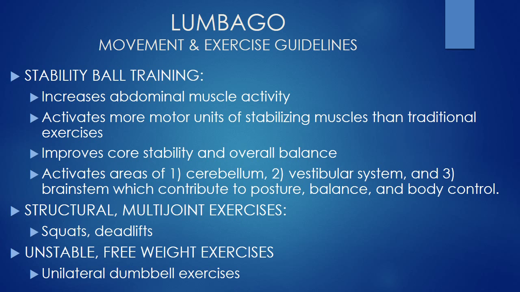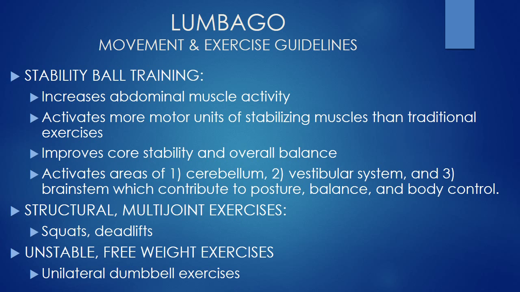Now, the caveat with regards to these exercises is that, of course, these exercises need to begin with some constraints as to the range of motion and some constraints as to the absolute amount of loading that is applied to the lumbar spine. But progressions of range of motion and progressions of loading are important to increase the overall strength of the lumbar spine and the lumbar spine stabilizing muscles.